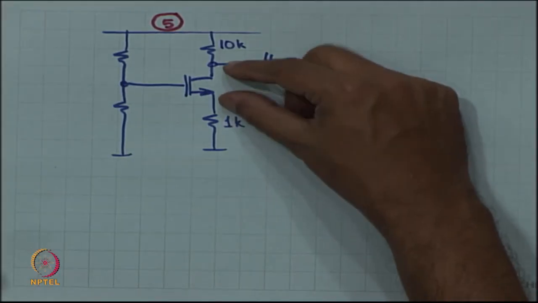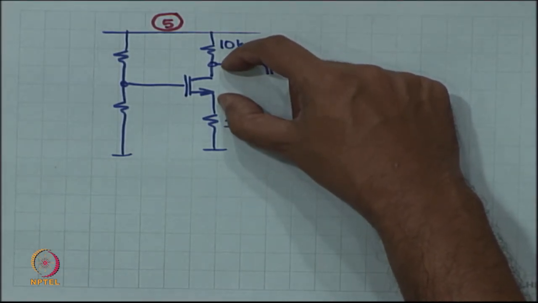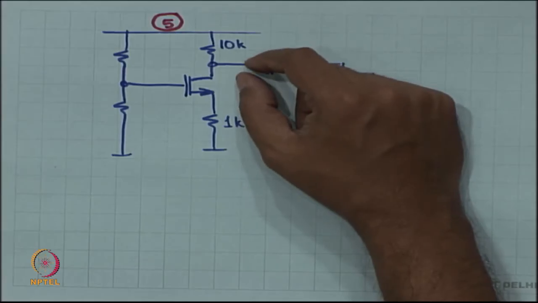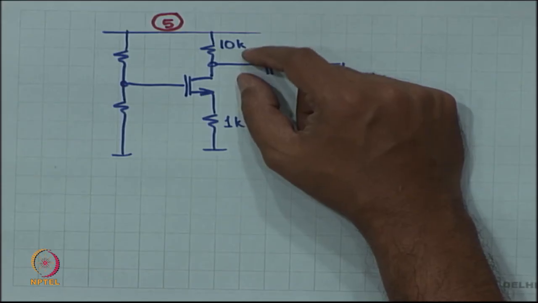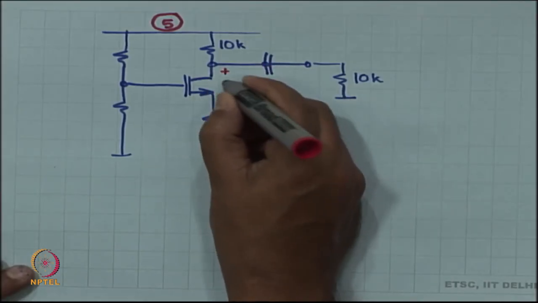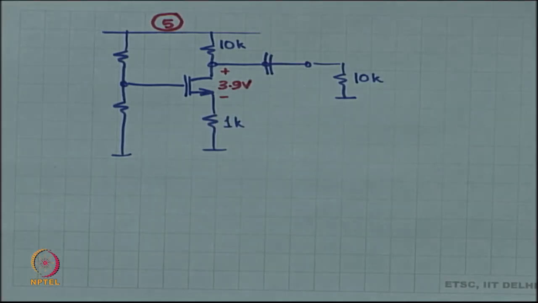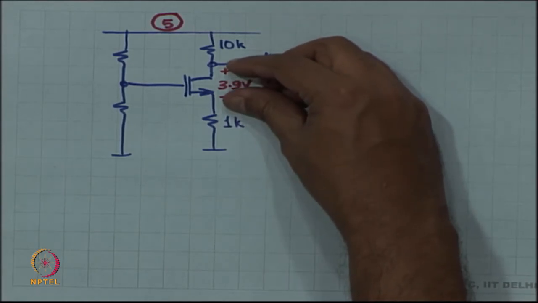And let us budget for the DC operating point, what would be a nice number, 3.9 volts would be nice, of VDS at DC. So, for the DC operating point I am just doing a budget, 3.9 volts over here.